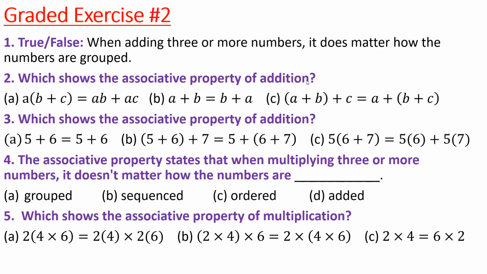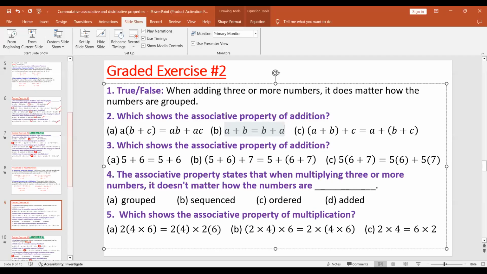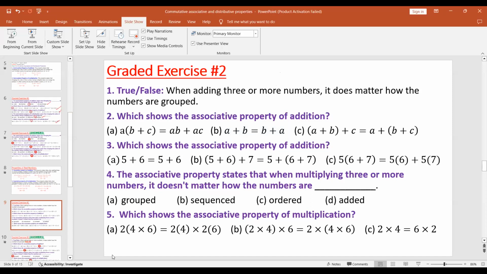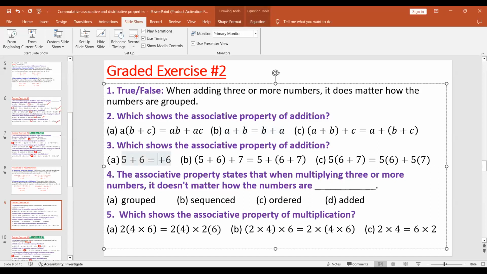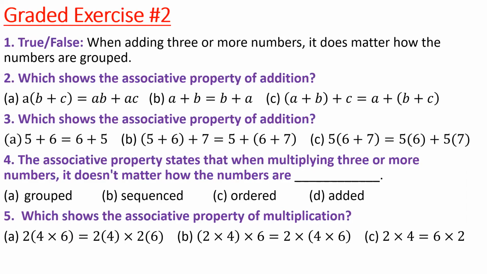That doesn't matter because that's not the right answer anyway. But we could change it if we want to. What property is A? It's definitely not the associative property. What property is A? For number 3. Commutative, yeah.